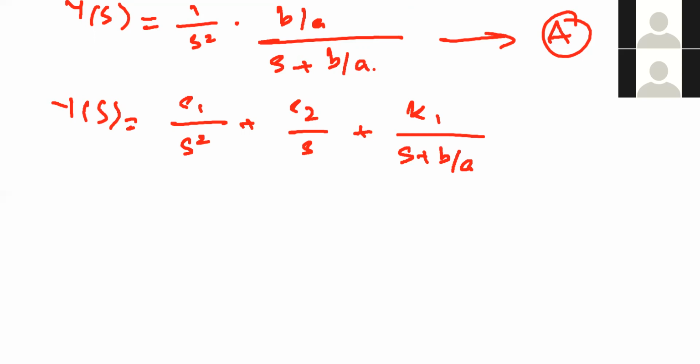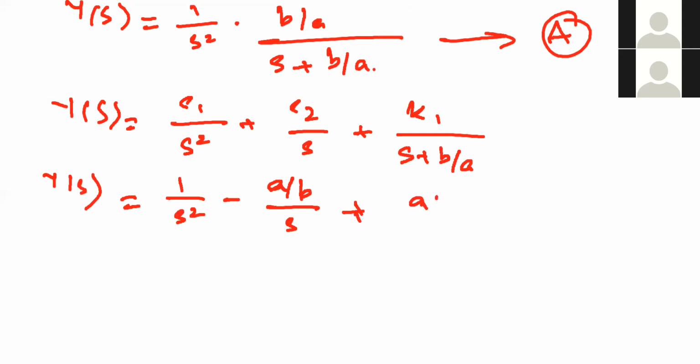If you use that method, then you will get y(s) equal to 1 over a square, C2 will be equal to minus a by b, so minus (a by b) divided by s, and K1 will also be equal to a by b, so a by b divided by (s plus b by a).